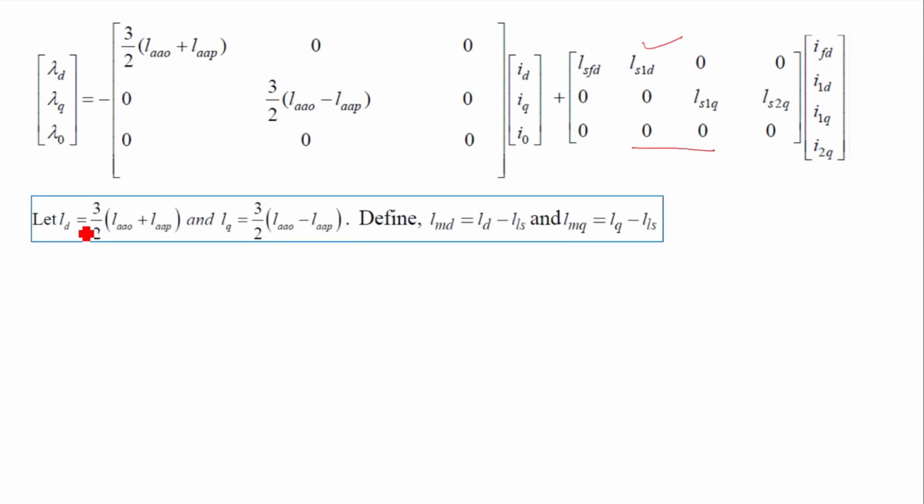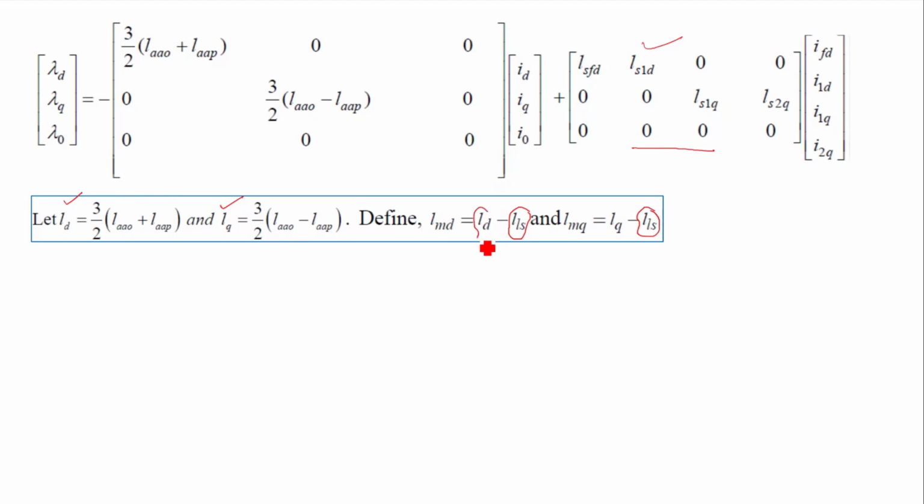Now if we take 3/2 (LAO plus LAP) equal to LD, and 3/2 (LAO minus LAP) equal to LQ, then I can define LMD equal to LD minus LLS, and LMQ equal to LQ minus LLS, where LLS is the leakage inductance of the stator.